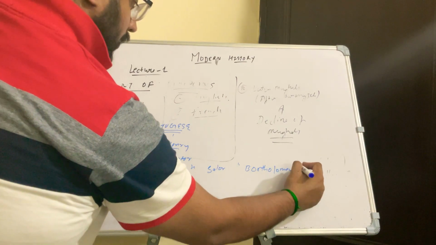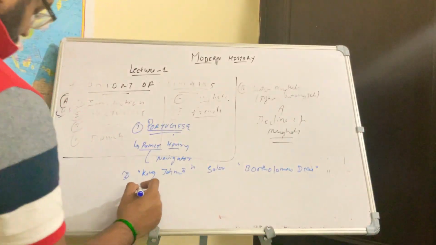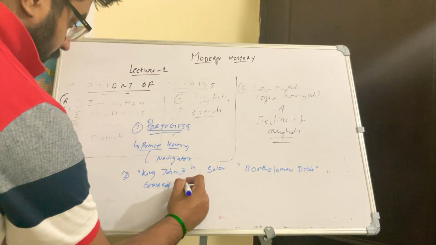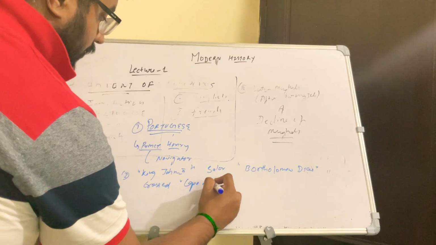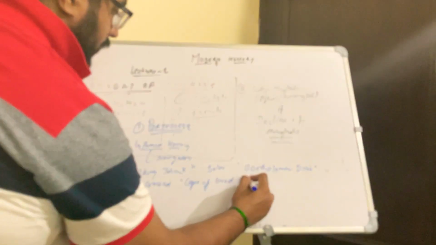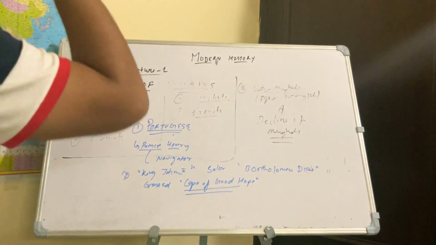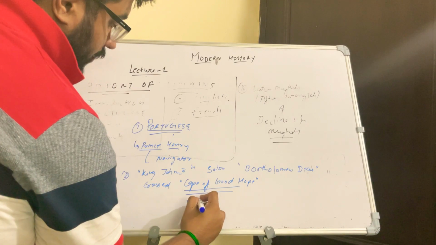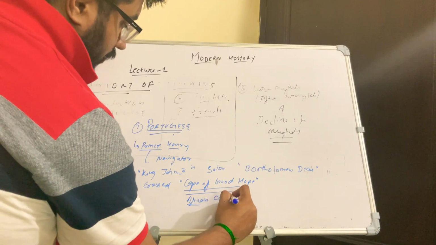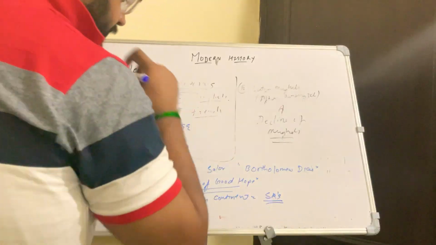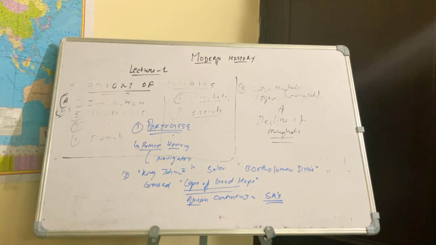I hope you all know this Cape of Good Hope. Since the beginning it has been a part of the African continent, and in today's time it is specifically in South Africa. So he was the very first sailor who crossed the Cape of Good Hope.